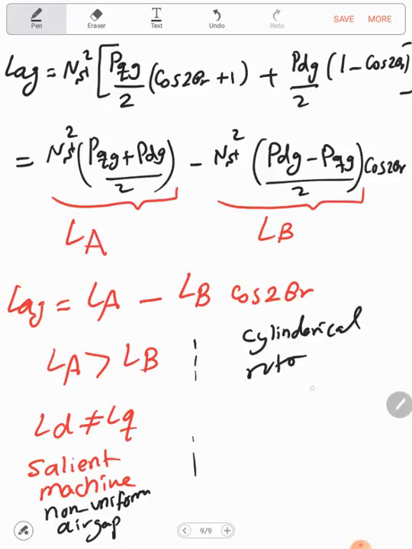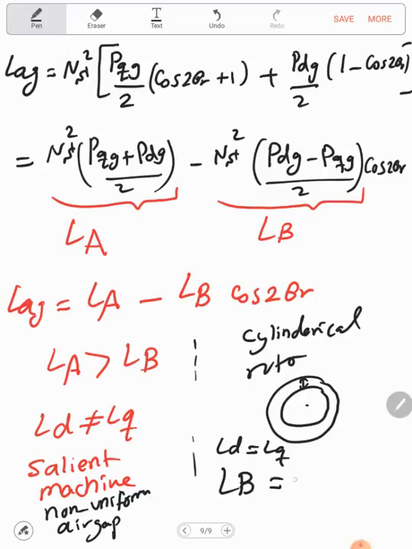in this case the rotor rotates, the gap is uniform, so LD will equal LQ, and in this case LB will equal 0.